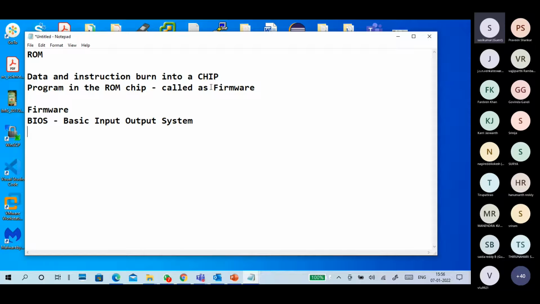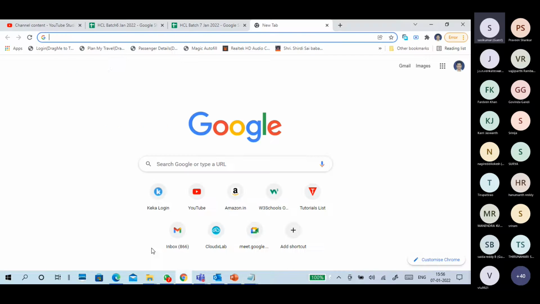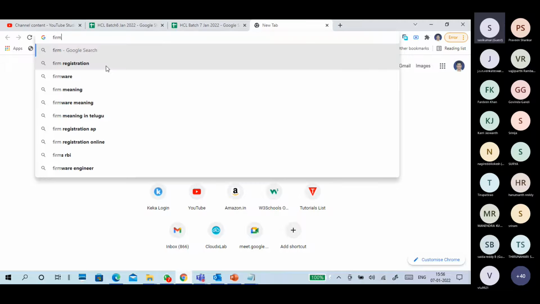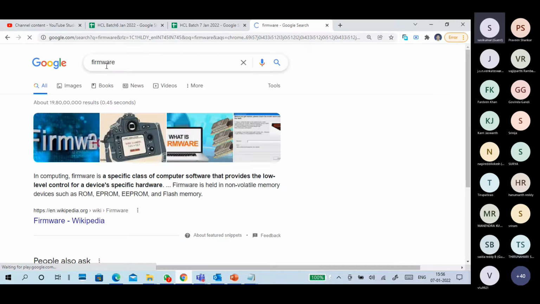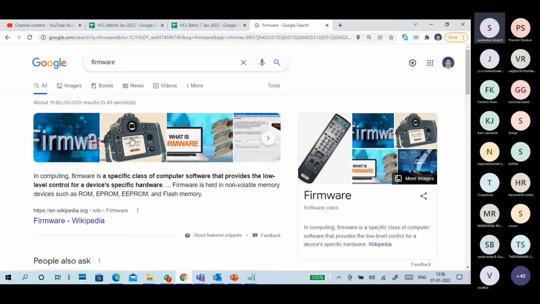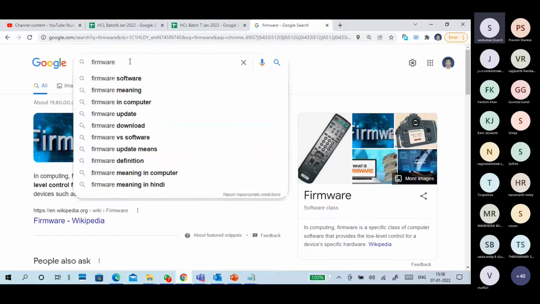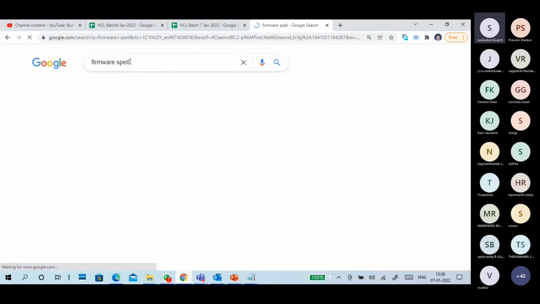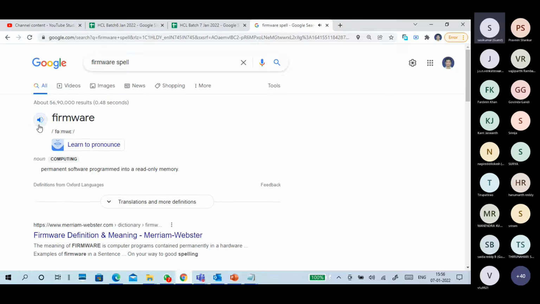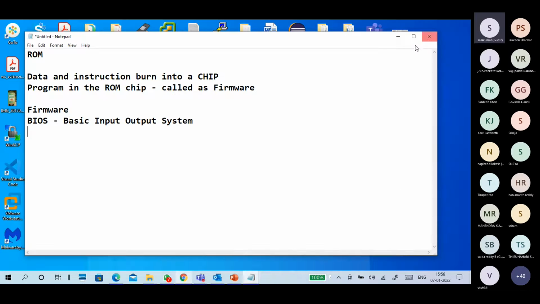Thanks for the correction, I typed it correctly here. Any device you take, the device has this firmware. You have to spell it like that.